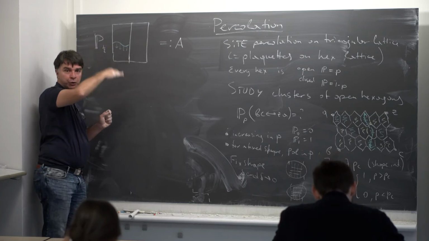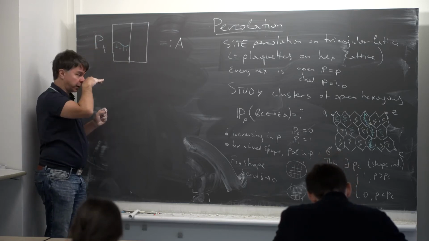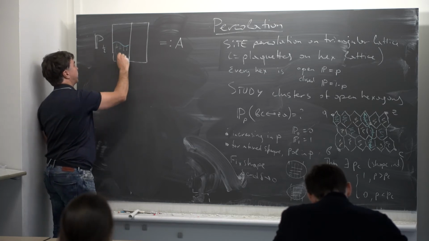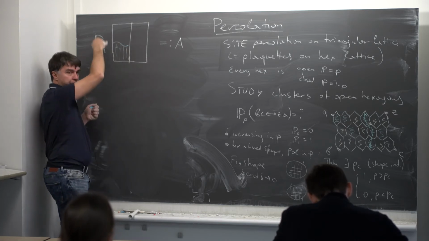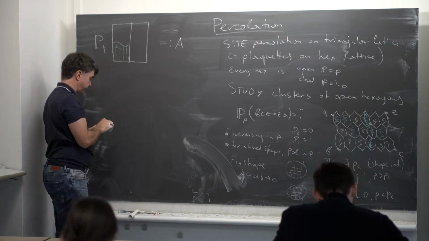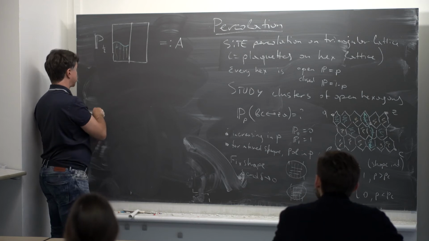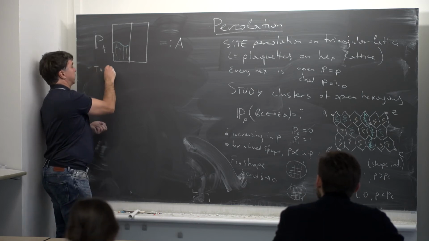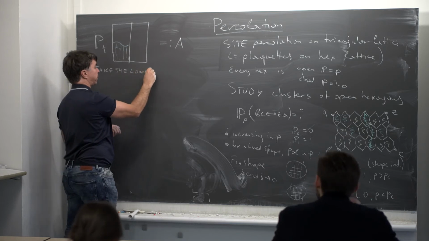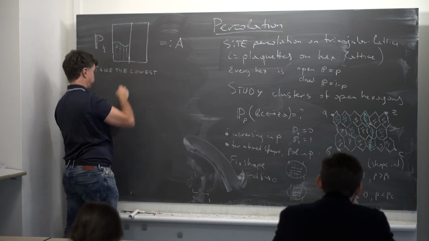So I push it down as much as I can, and if it's the lowest possible, it actually means that there is a yellow obstruction on the bottom so that I can't push past it, but I don't use it. So I take the lowest one, the lowest crossing, let's say gamma.